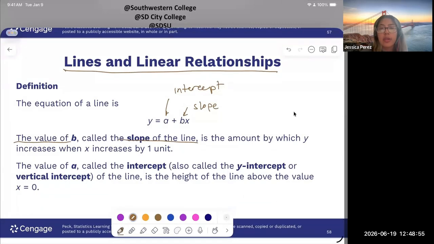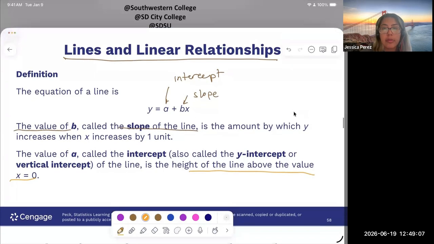The value of a is called the intercept, or the y-intercept, or the vertical intercept of a line, the height when x is equal to 0. So a is the point (0, a), where x is 0, and a is your vertical position, or the y-intercept.